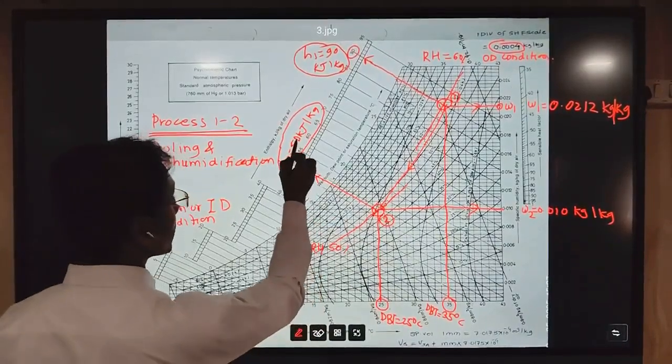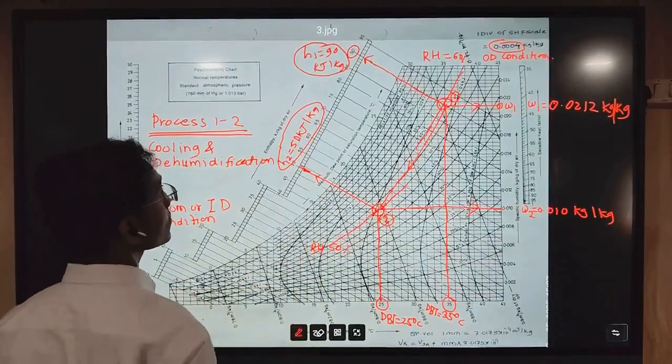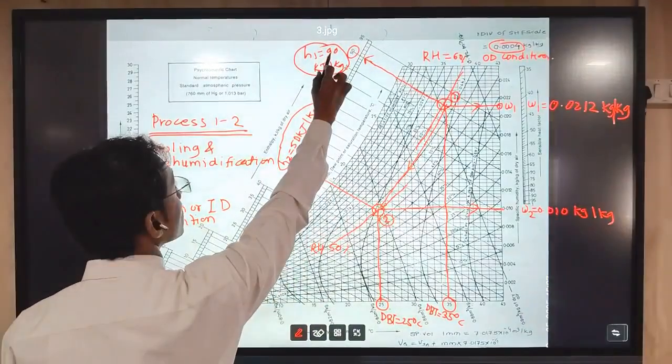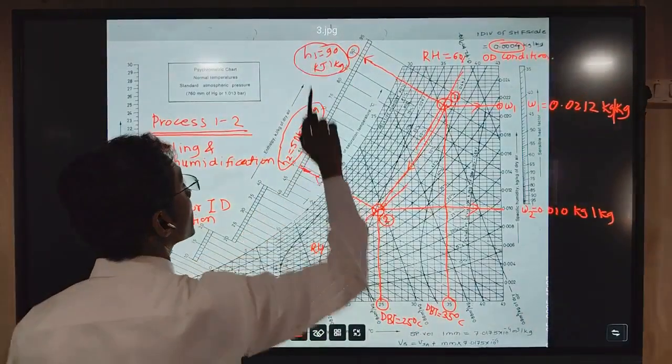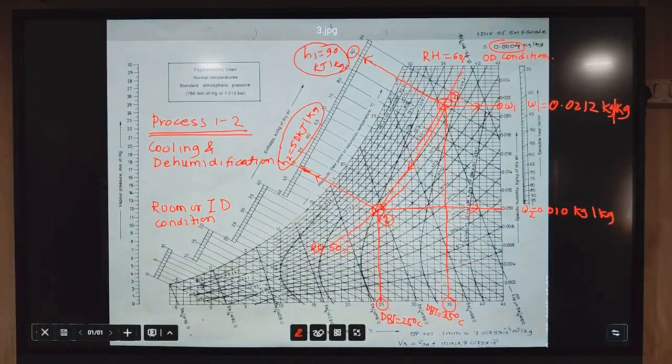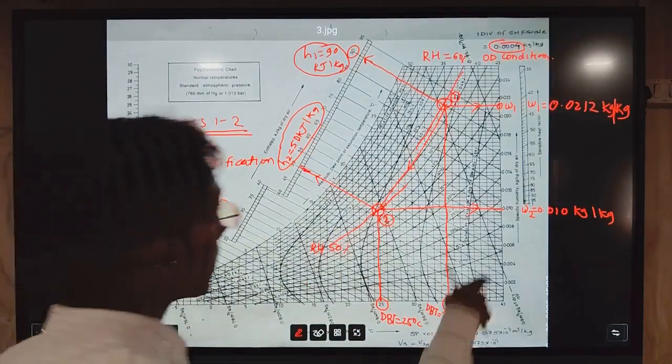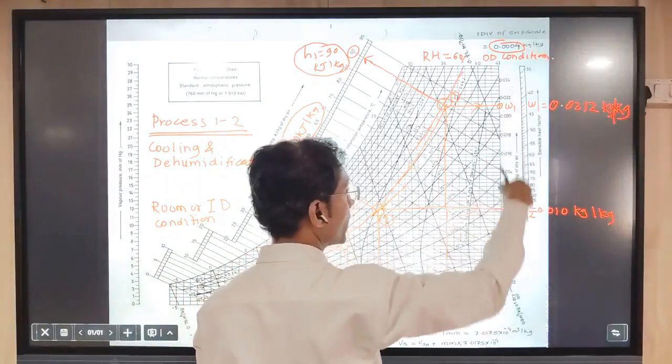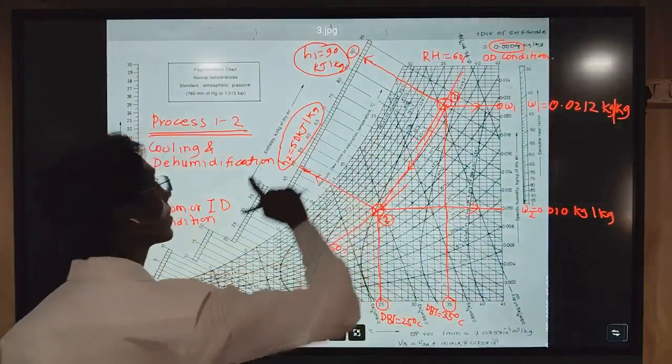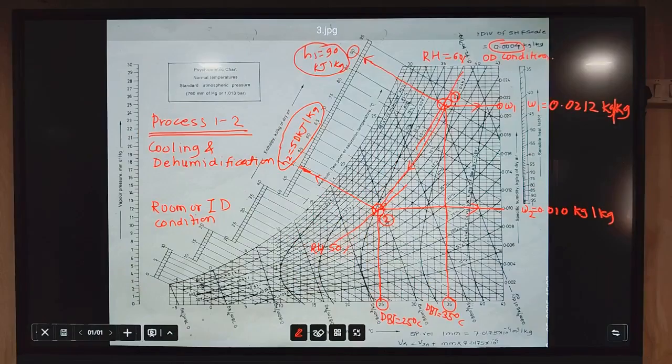Enthalpy here you take 50 kilojoule per kg, and inlet enthalpy you take 90 kilojoule per kg. So we now have the specific humidity values for inlet and outlet and the enthalpy values for inlet and outlet.